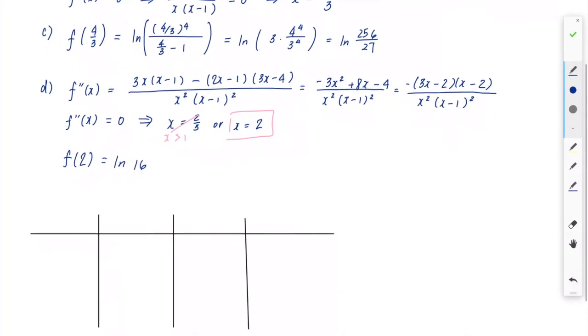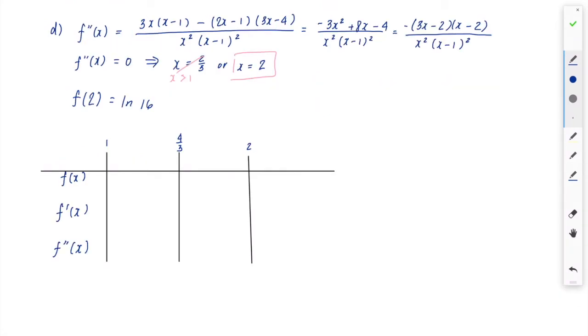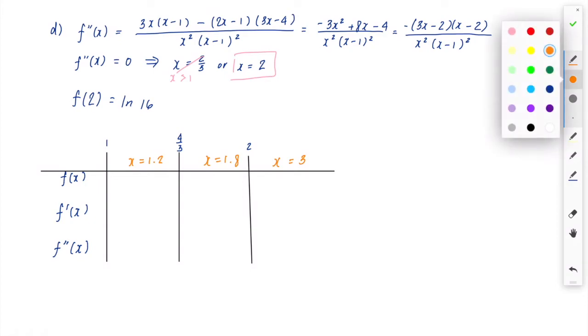Nothing goes beyond 1. And then we also have a key point at x equals to 2. Let's pick a couple of test points. So I'm going to use x equals to 1.2, x equals to 1.8, and x equals to 3. Okay, I already know that this is 0, this is 0. And plugging in 1.2, f prime at 1.2 is negative.